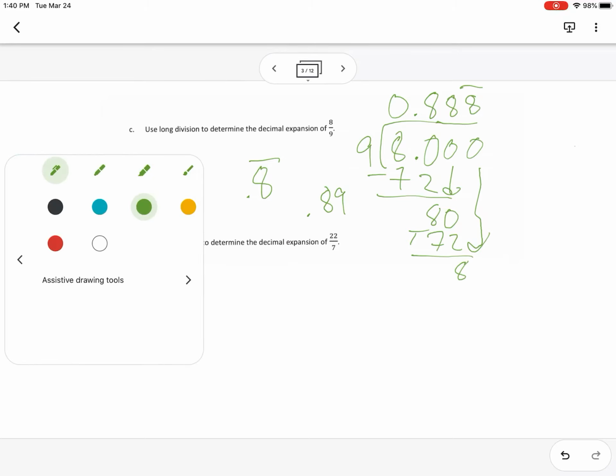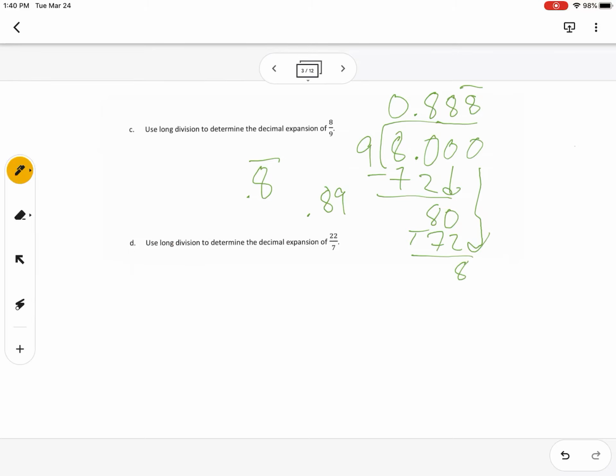Moving on with our next one, we'll go to yellow here so it sticks out. A little different from that green. 22 divided by 7. 7 goes into 22 3 times. Goes into 10 once.